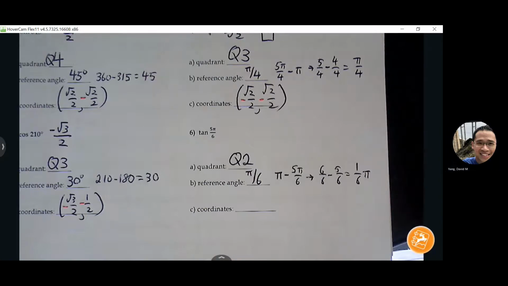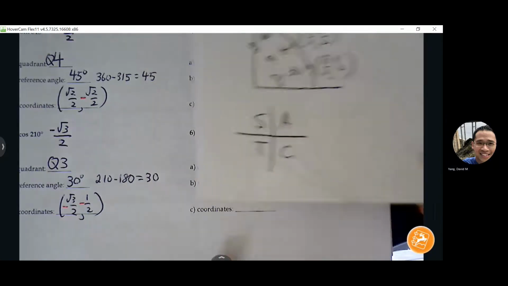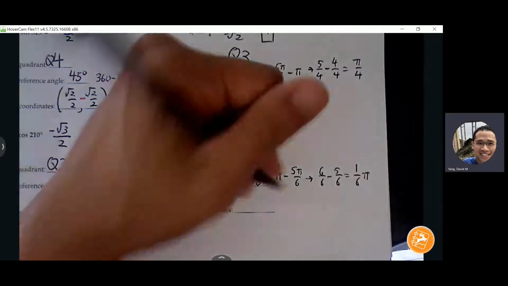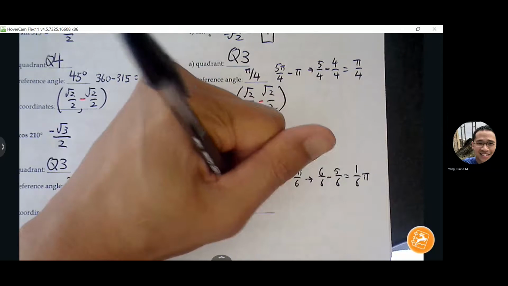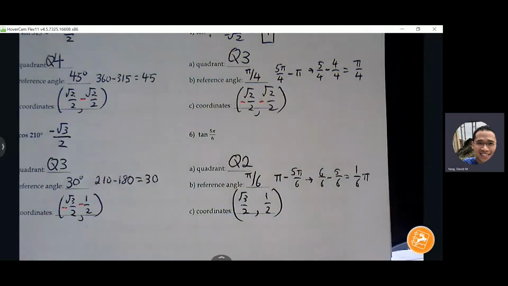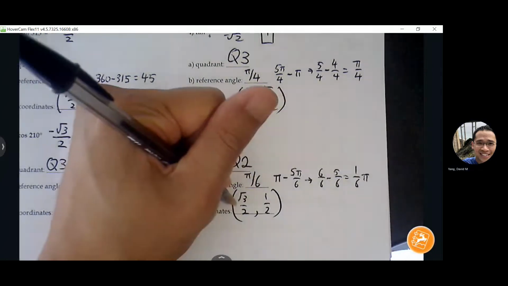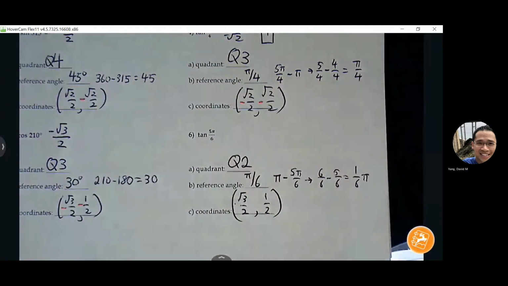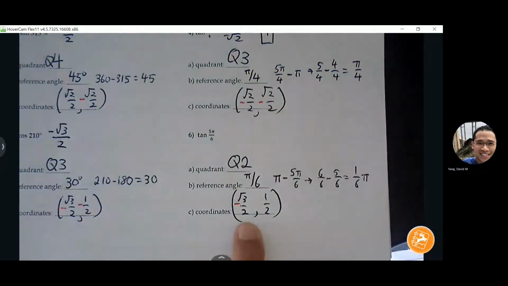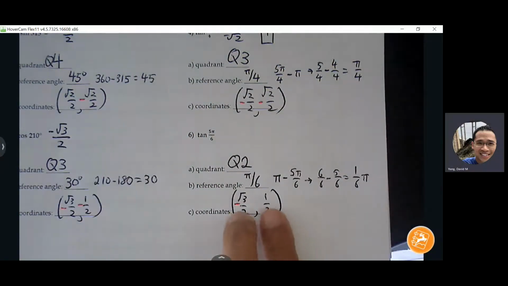Pi over 6. Quadrant 2, what are the signs? Negative, positive. For tangent, we cover up the denominator and just do y over x. 1 divided by negative root 3.